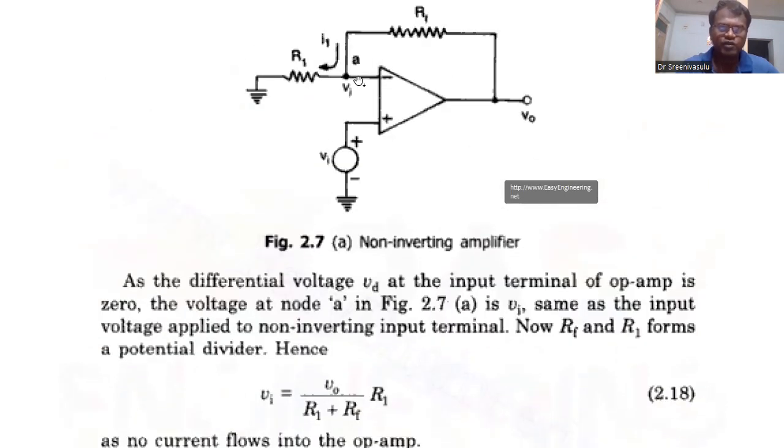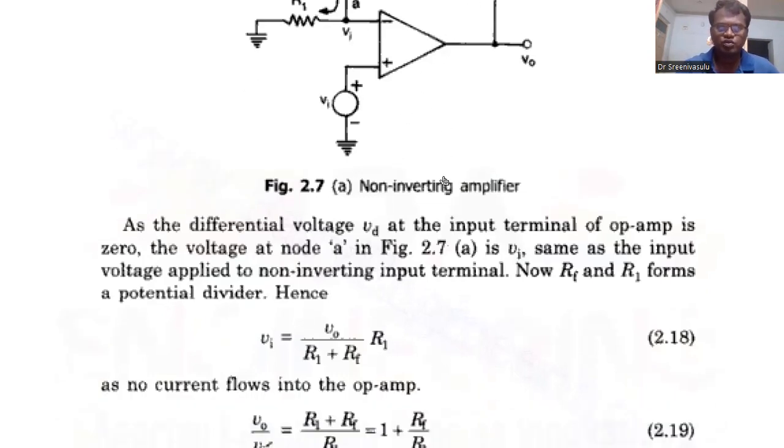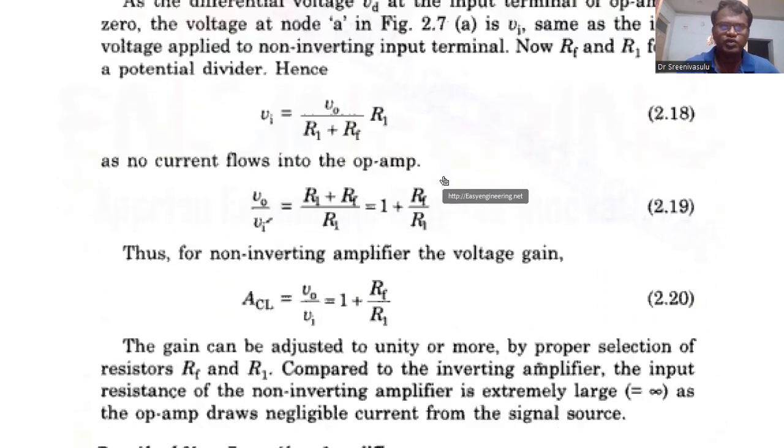Otherwise, simply applying nodal analysis here, VI minus 0 by R1 plus VI minus V0 by RF is equal to 0. By applying this, we get the output voltage gain V0 by VI equal to 1 plus RF by R1.